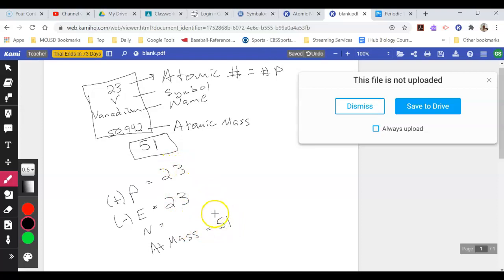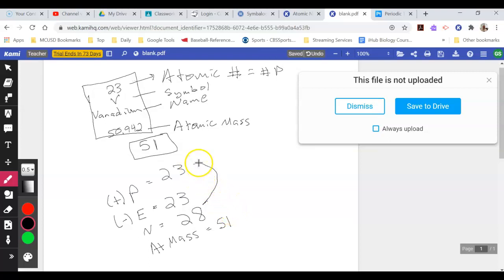In order to determine the number of neutrons, you have to take the difference of 51 and 23. That would be 28 neutrons. If you add this and that, that's going to give you the atomic mass.